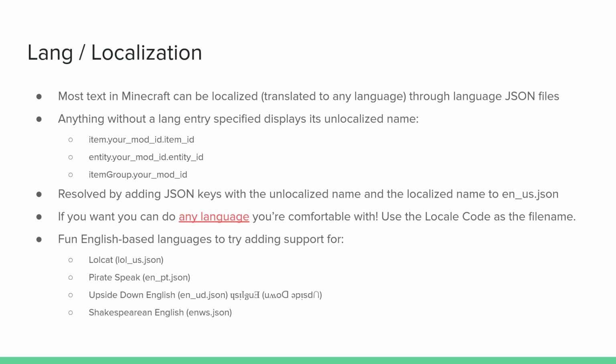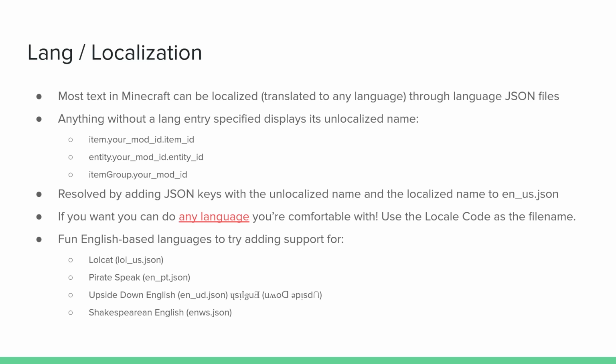So there's also several fun English languages that you can add support for if you want to, for the sillies, but the main one is en_us.json. They all go inside the lang folder, inside your assets folder, and then you just add different keys, and those correspond to actual text. I'll show you because I'm going to add one to ours, but you can also add lolcat, which is, like, I Can Has Cheeseburger.